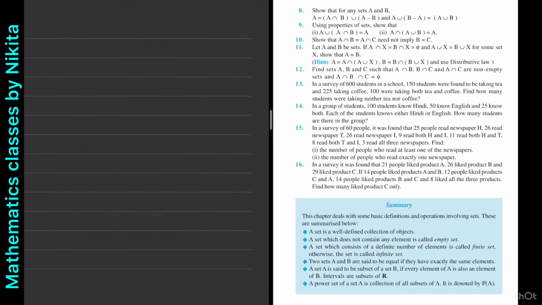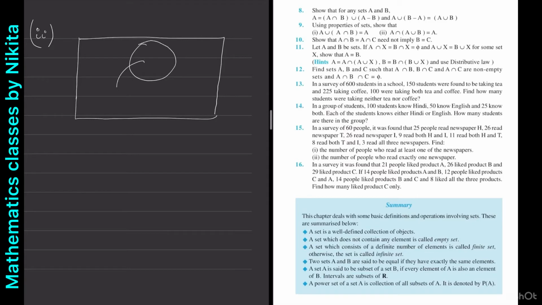Now let's see the second part. In the second part you have to find the number of people who read exactly one newspaper. Only one, any one, either H or I or T. Now first let me draw the Venn diagram so that it is clear what you have to find. So we have 3 sets.